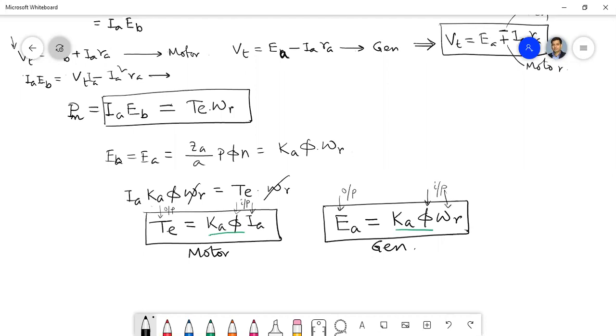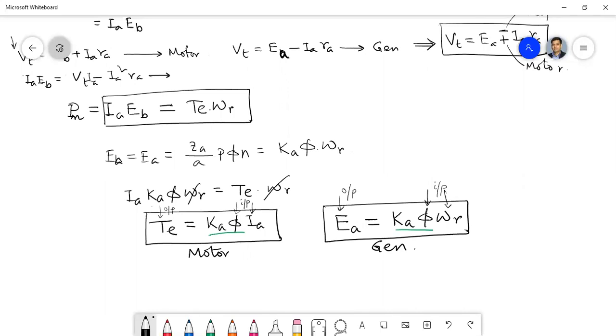Okay. Now you can recall Fleming's left hand rule and right hand rule. Fleming's left hand rule says that you provide flux and current, and you will get mechanical torque. And if we provide flux and mechanical rotation, then we get the voltage generated. And the constants are the same for both expressions.